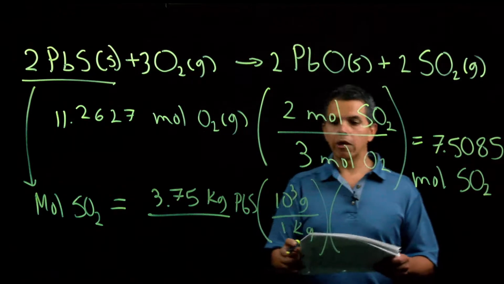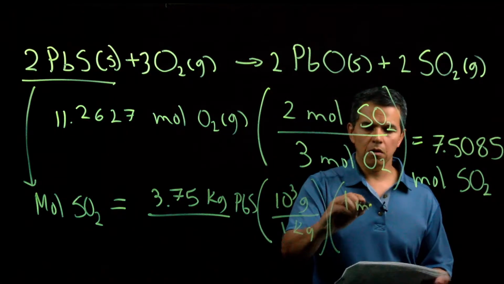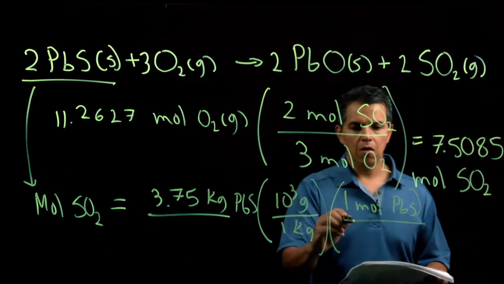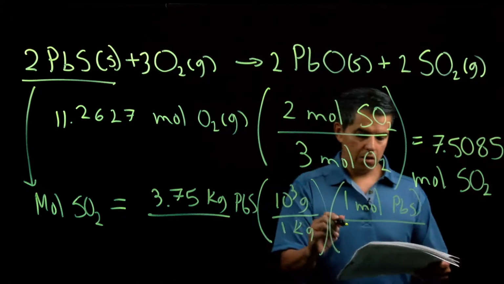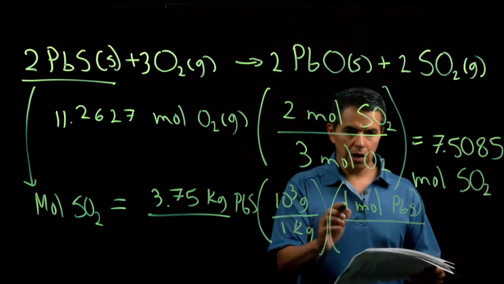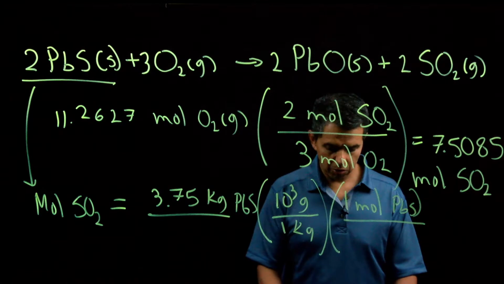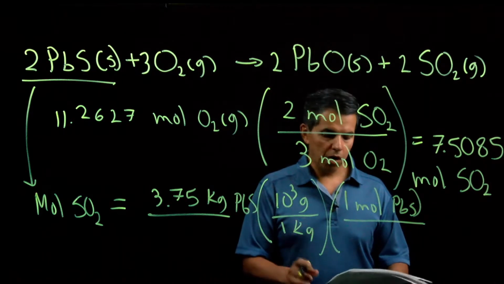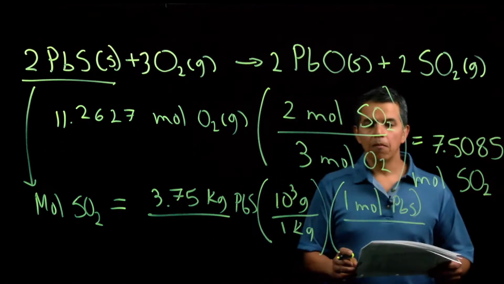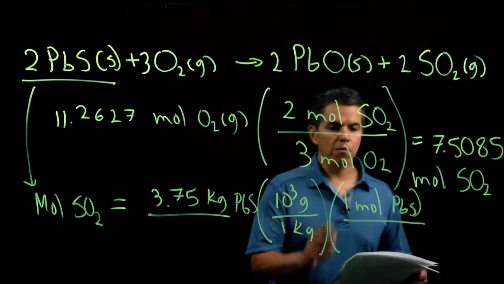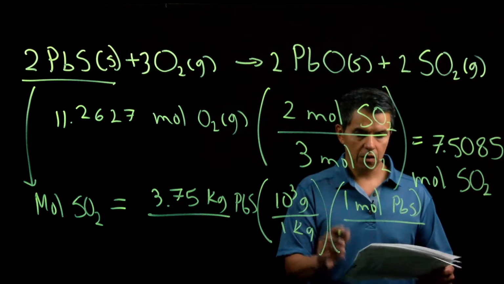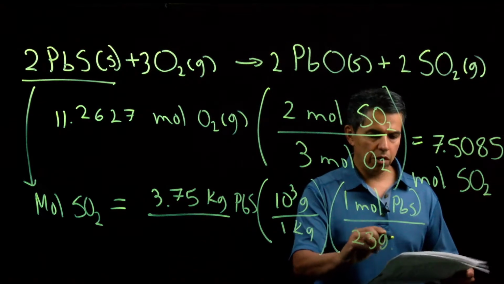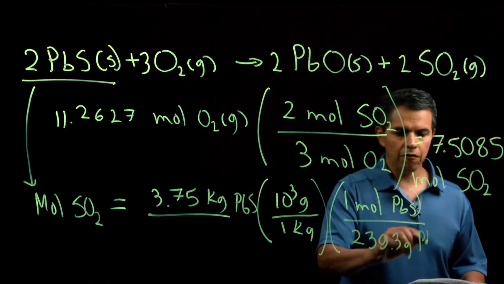We're going to use the stoichiometry of the reaction. We're going to take the molecular weight of lead sulfide: 1 mole of lead sulfide corresponds to 239.3 grams of lead sulfide.